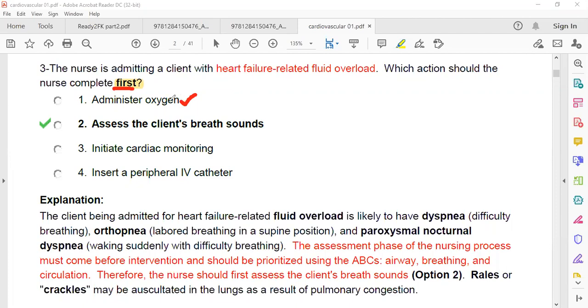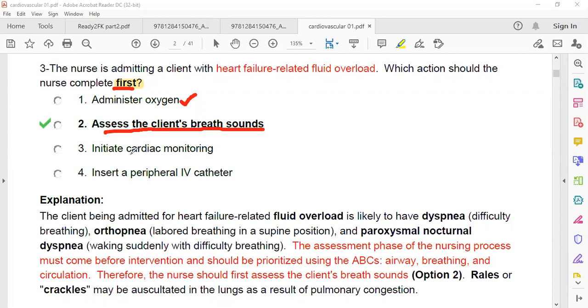So assessment is first. They said which action should be completed first. Even between number 1 and 2, assessment is most important. If you see your patient's chest is clear or saturation of oxygen is more than 95%, I do not need to give them oxygen.